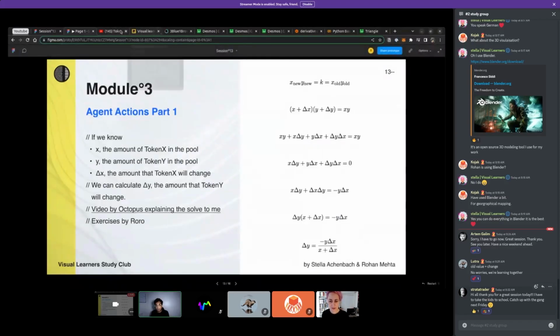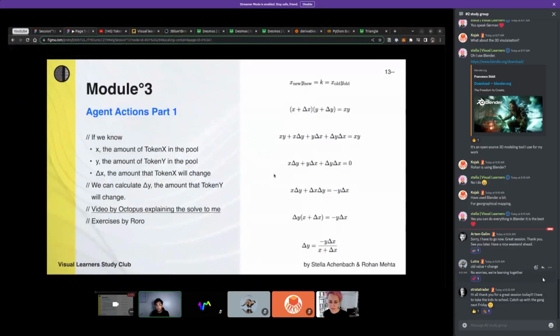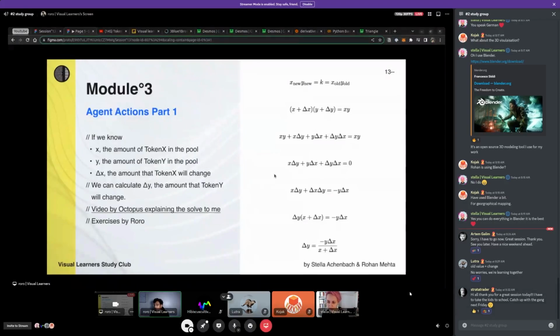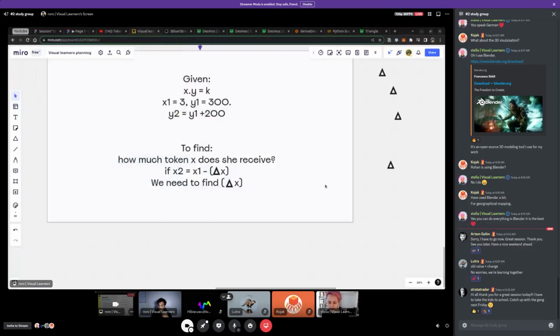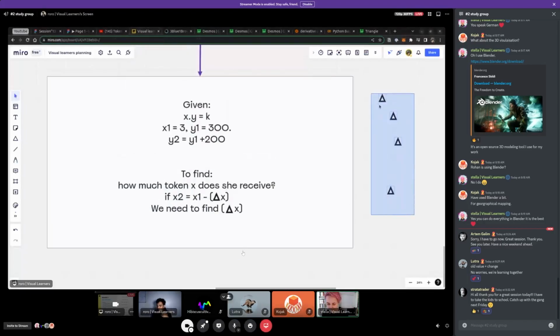Do we want to solve this? Do you want to go line by line and do it? I don't know what will help here, and also what will help for others too. A good question. I think Lutra understands this very well, Hibiscus cultivar understands this very well, and Kojak probably as well.